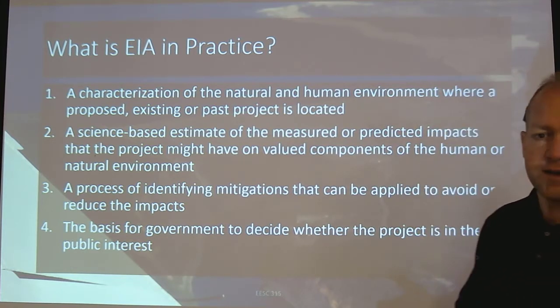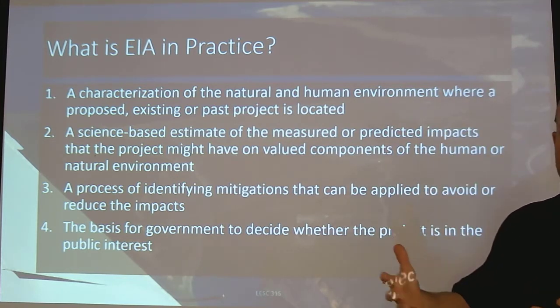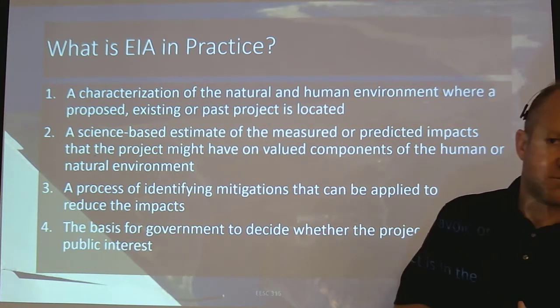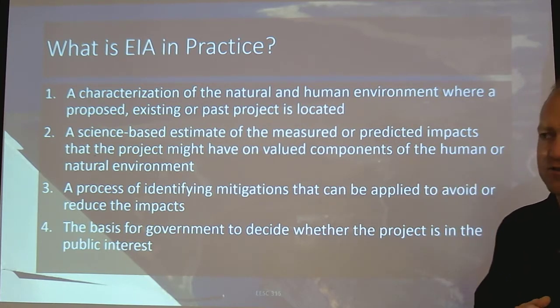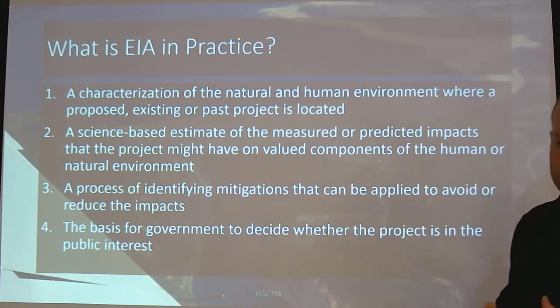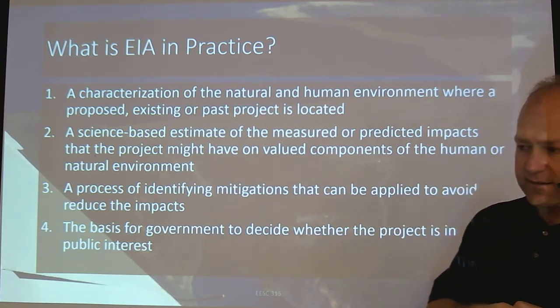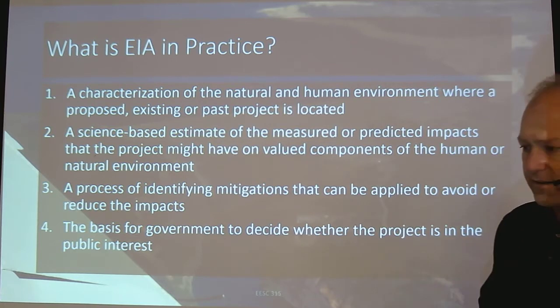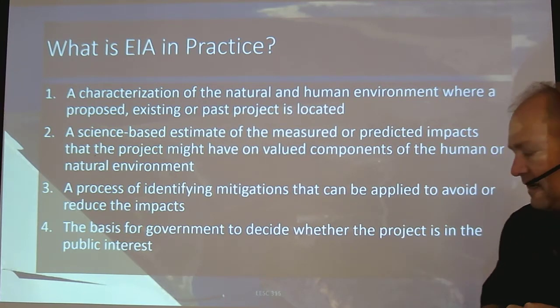Using a water quality example, say a sewage treatment plant is going to have a discharge to Okanagan Lake. And this, of course, is a very real example because the city of Kelowna has a sewage treatment plant that discharges to Okanagan Lake.